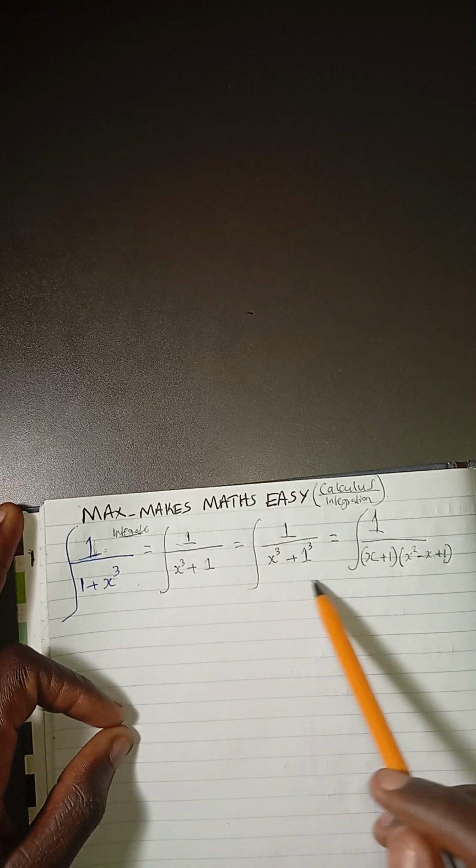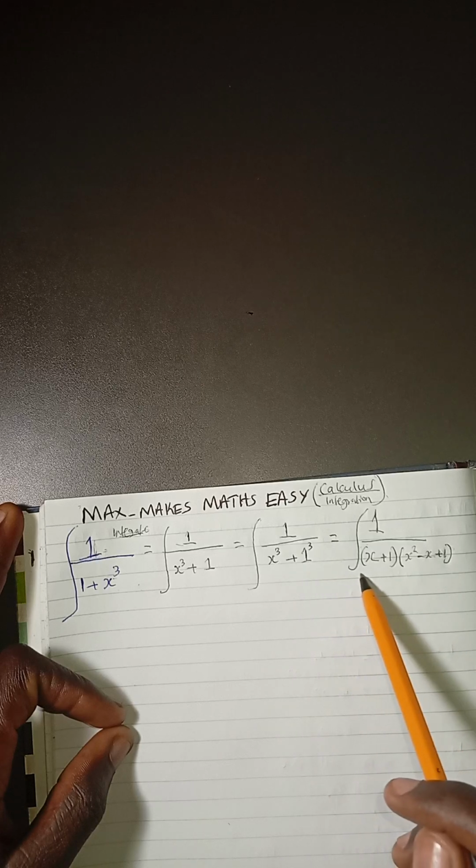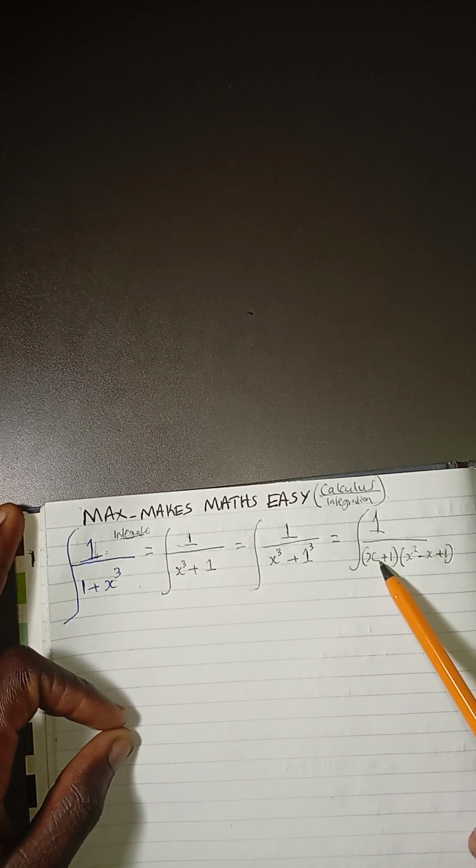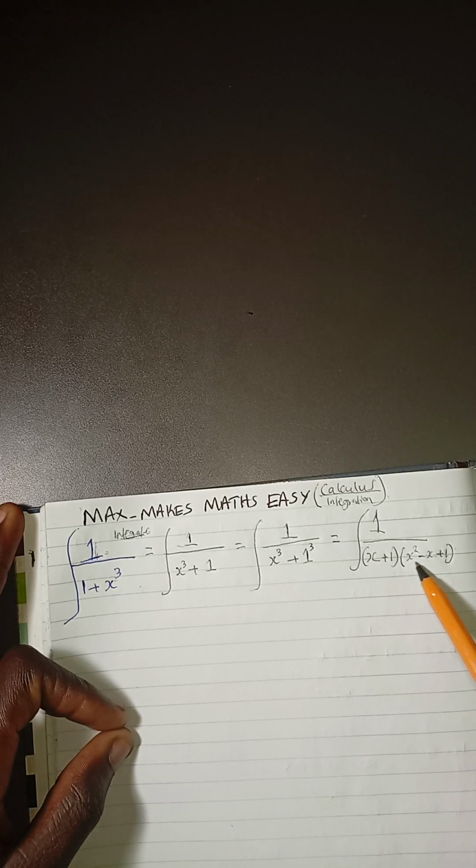And this x cubed plus 1, from your linear algebra, can be written as x plus 1 into x squared minus x plus 1.